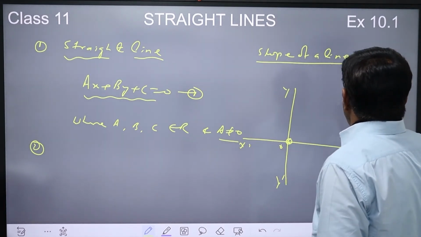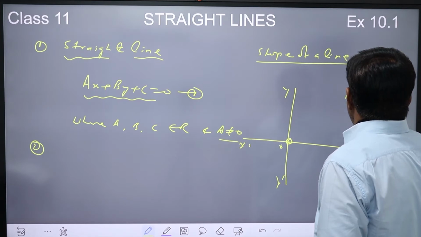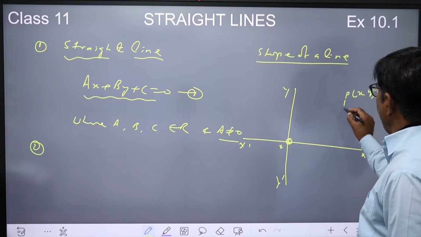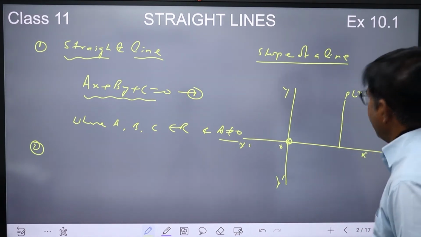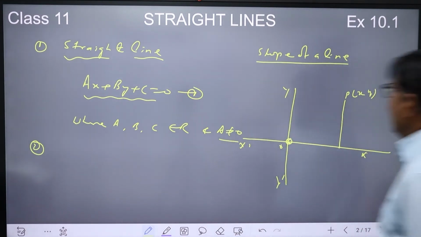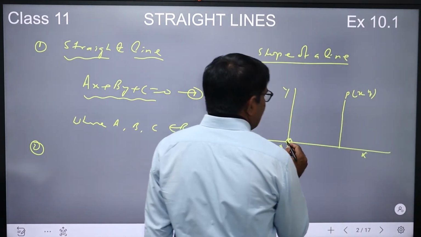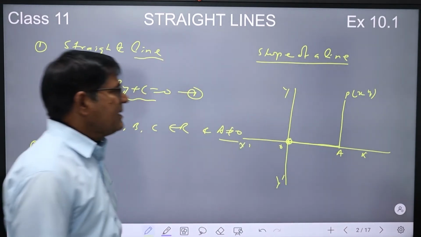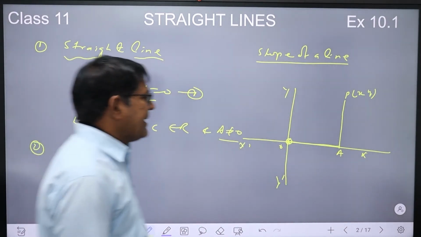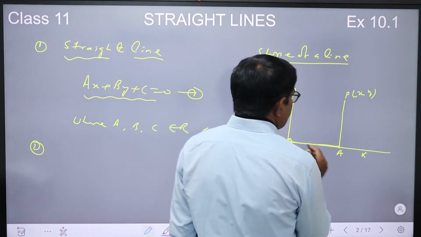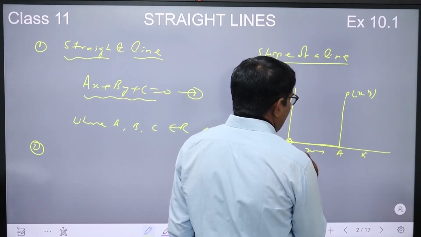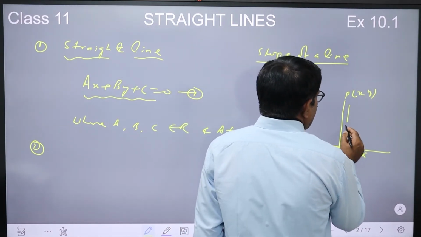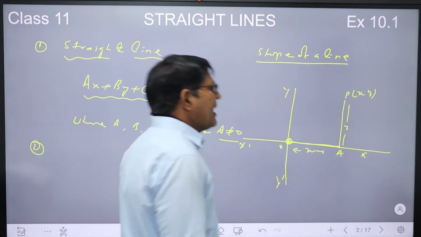With respect to this origin, if there is any point P having coordinate x comma y, then if we draw a perpendicular from this point to the x-axis, let us suppose this is that point A, that is PA perpendicular to x-axis, then this OA distance on x-axis is represented by the x coordinate, and distance from x-axis is represented by the y coordinate.